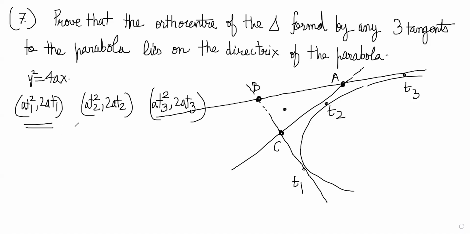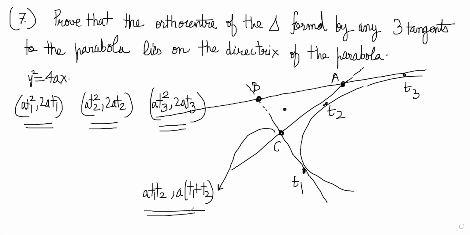So you know the point of intersection of two tangents. For example, tangent at T1 and tangent at T2 will intersect at C, and the C coordinate is at1t2, a(t1 plus t2). We have done this derivation in a previous video, right? So we know basically the coordinates of the triangle.